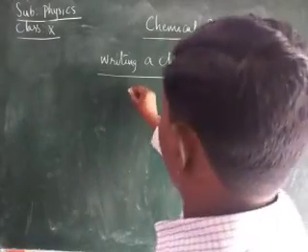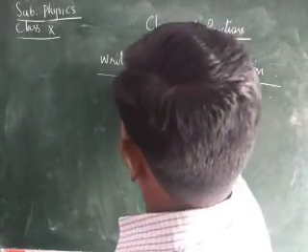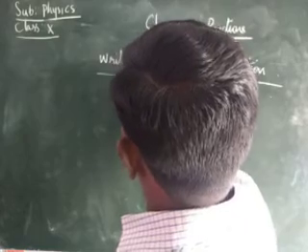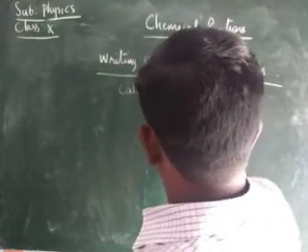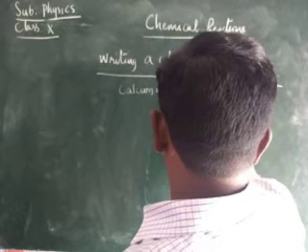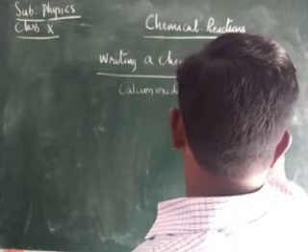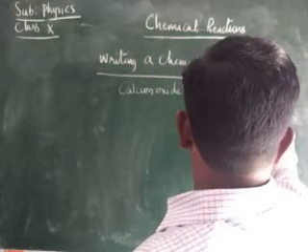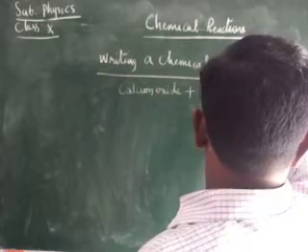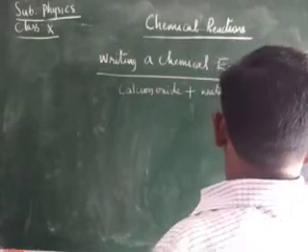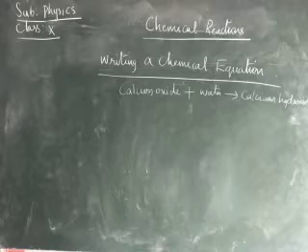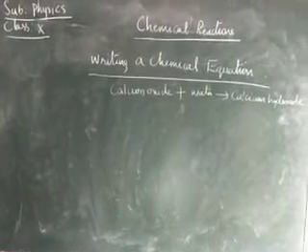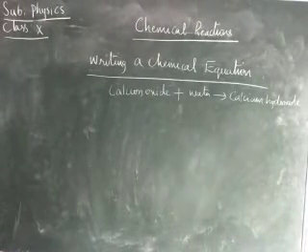Normally we can write calcium oxide reacting with water gives calcium hydroxide. Okay, calcium oxide reacting with the water gives rise to calcium hydroxide.